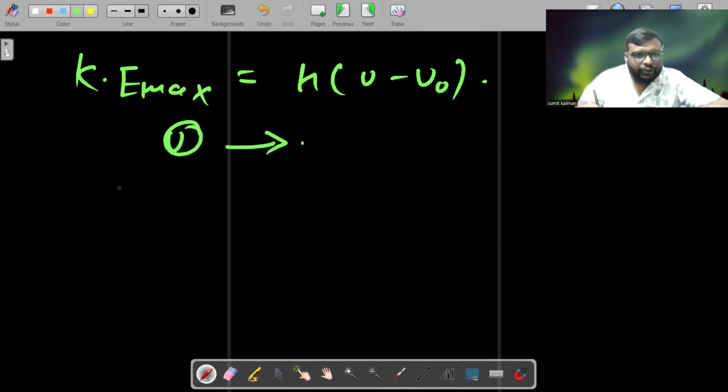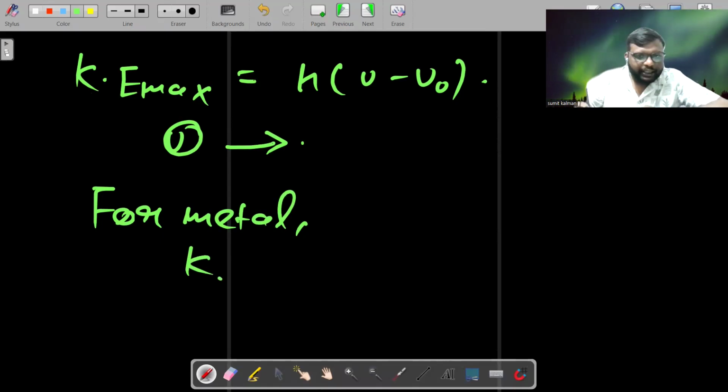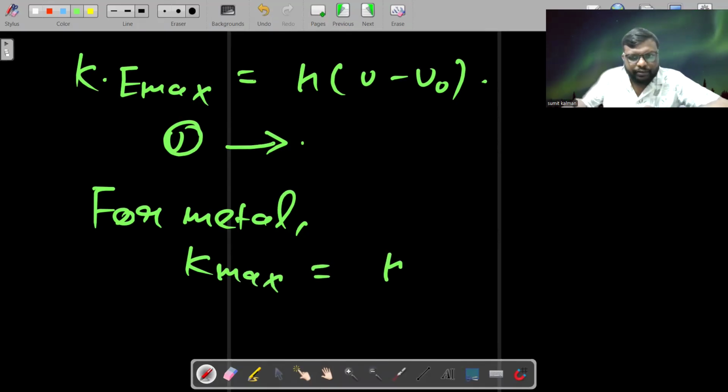For metal A, the maximum kinetic energy will be hν minus ν0A.